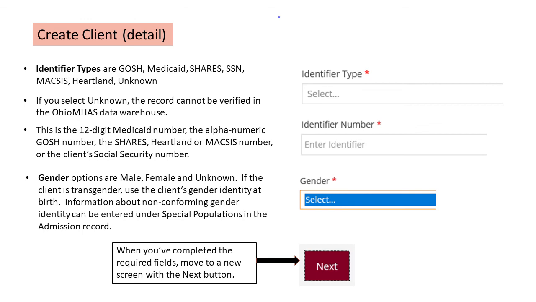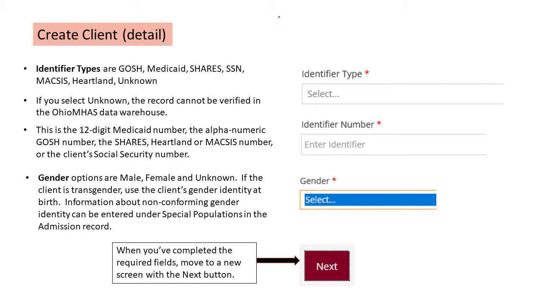Let's go over some things you need to know about specific fields in the client record. The identifier type tells Ohio MHAS the source of the client identification number. This helps with the verification process. Your options are GOSH, Medicaid, Shares, Social Security number, MCSIS, Heartland, or unknown.